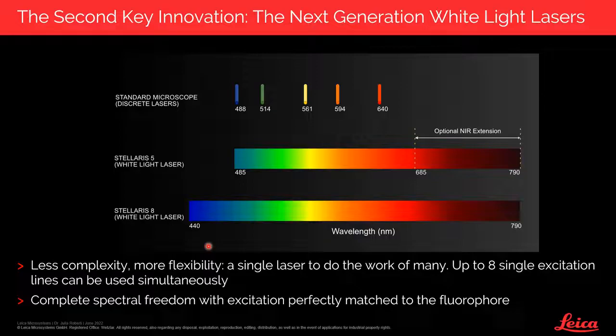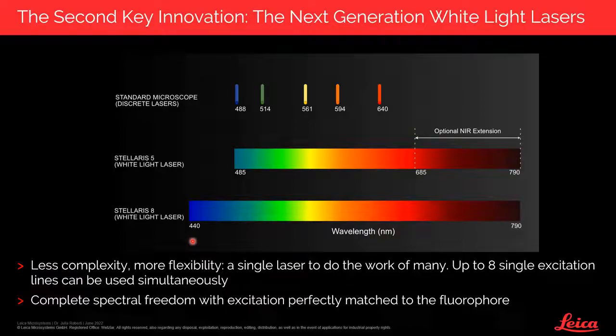We can apply up to 8 single excitation lines simultaneously, and we have a huge and extended range of wavelengths to choose from. In the case of the white light laser present on the Stellaris 5 and the Stellaris STED system, we have excitation capabilities from 488 to 685 nanometers with an optional NIR extension up to 790 nanometers.